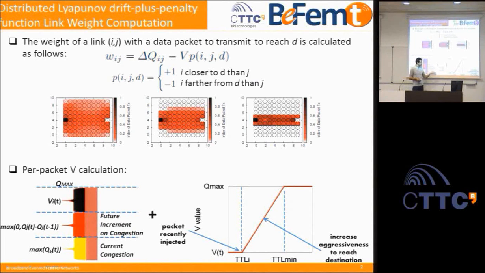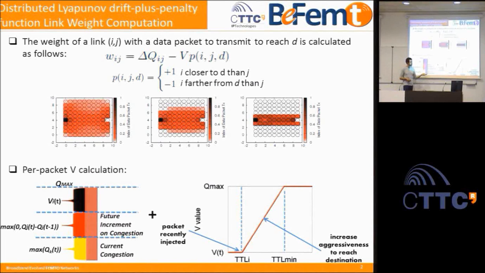In this specific proof of concept, it is the TTL that we are using. So if the TTL goes below a certain threshold, then we increase the value of V so that for this specific packet, but only for this specific packet, we go through the shortest path and as fast as possible to the destination. Otherwise, it will consume resources, and in the end, this packet will be discarded.